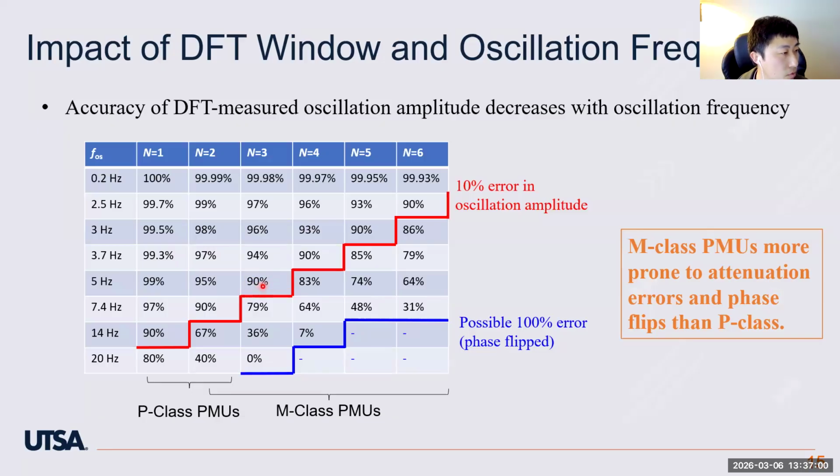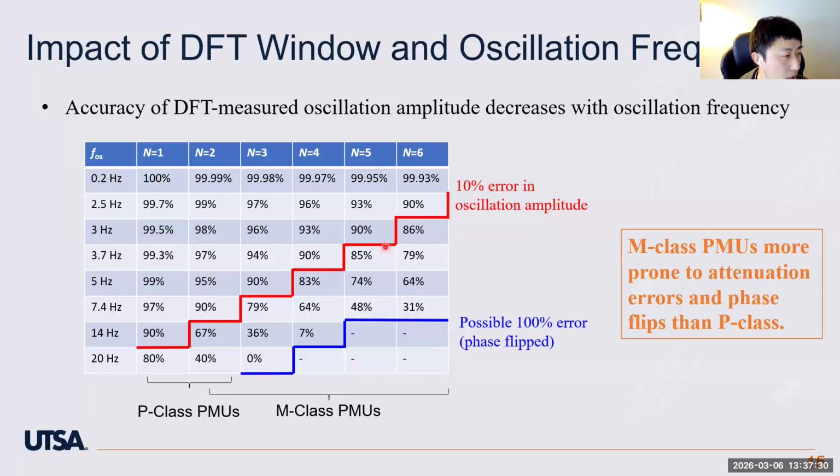It means that if we apply a 3-cycle DFT to estimate a 5 Hertz oscillation, we'll only be able to capture 90% of the magnitude of this 5 Hertz oscillation component. Basically, we lost like 10%. That will be a 10% error in the oscillation amplitude.